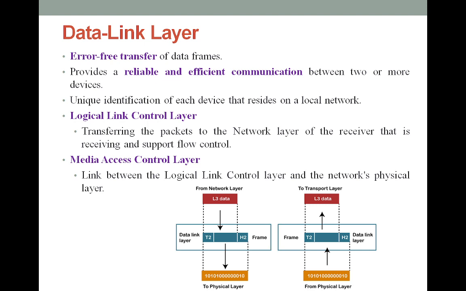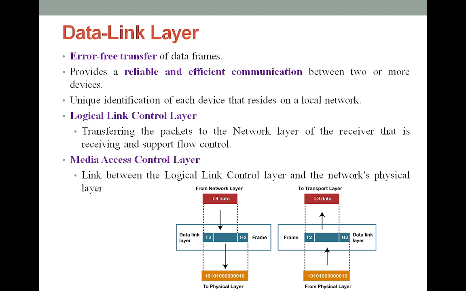the data link layer. The data link layer is again divided into two types: the logical link control layer and the medium access control layer, usually called LLC and MAC. What do we use LLC for? It is for transferring the packets to the receiver and supporting flow control techniques.